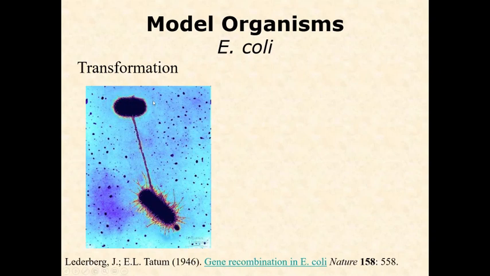Now, there are other means by which genetic material can get from one bacterium to another. And whatever means is used, it is a form of horizontal gene transfer. So transformation is a form of horizontal gene transfer. In practice, this term transformation is often used for any sort of horizontal gene transfer.